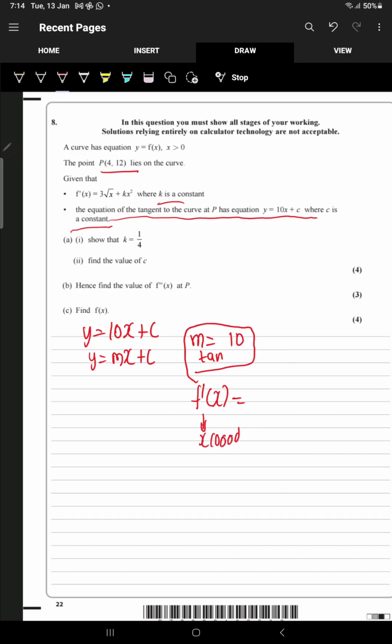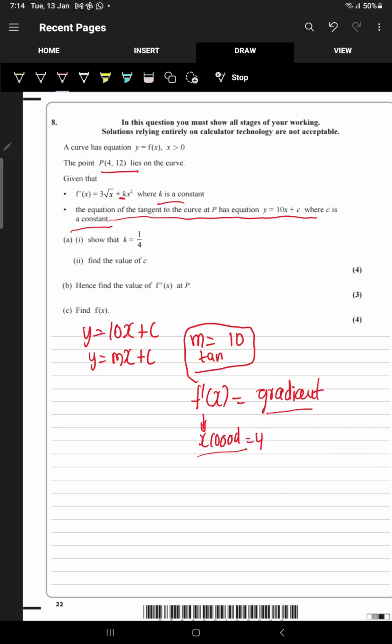Now we have the gradient and we have the x coordinate over here, which is 4. So we are left with one variable, which is k, and we have to find the value of that.